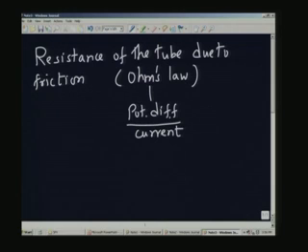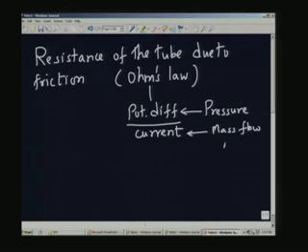In the fluid flow problem, the potential difference is the pressure drop, and current will be mass flow rate. Actually, current is also a rate. It tells us how many charges per second are flowing through the conductor. The potential difference is the voltage across the conductor from one end to the other end, and that is how you get Ohm's law.